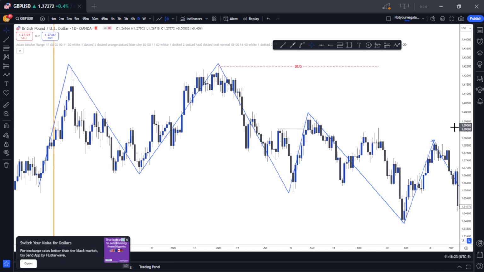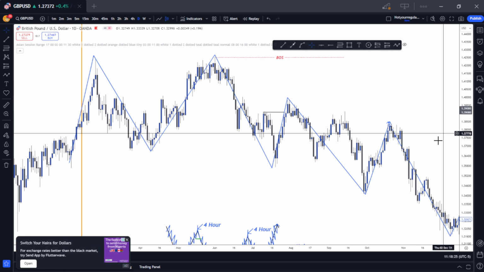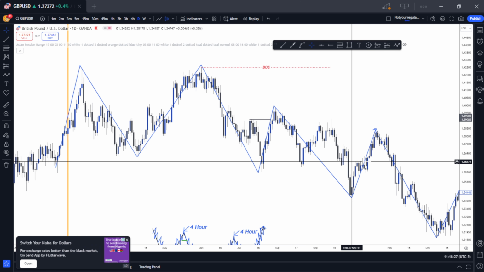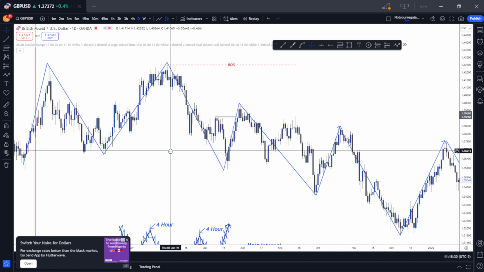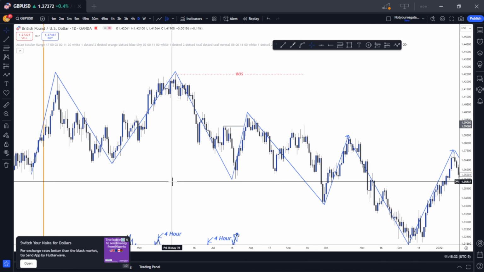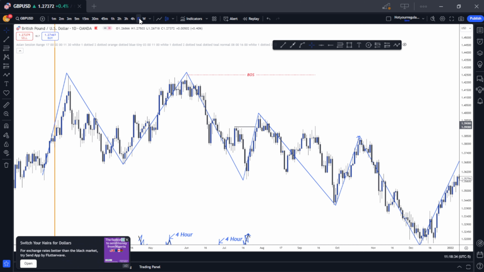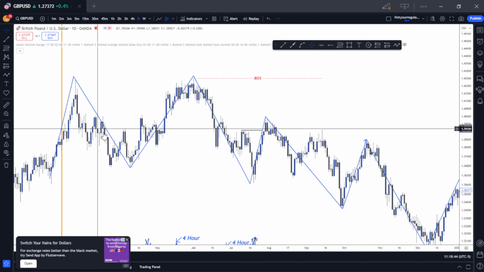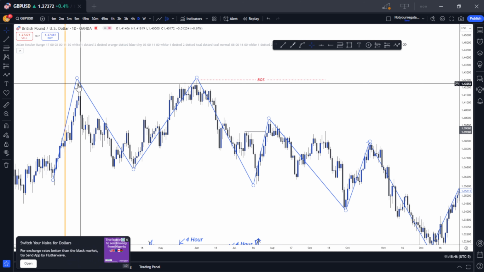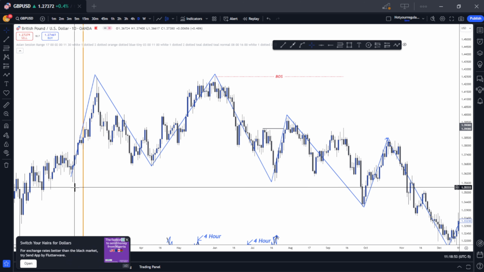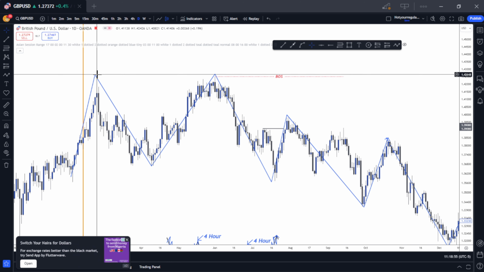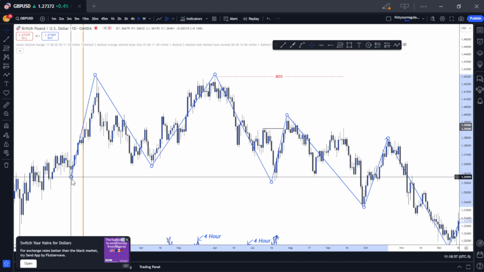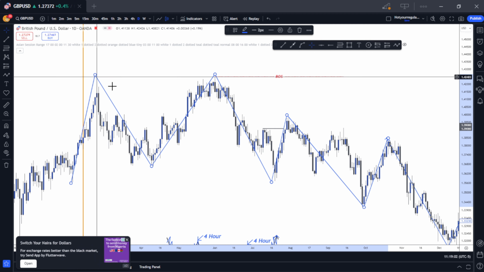So this is how I identify my main structure. All you have to do is zoom out. If your main structure is daily, just zoom out and mark your main swing point. If you're in an uptrend, you mark the higher low that caused this higher high.